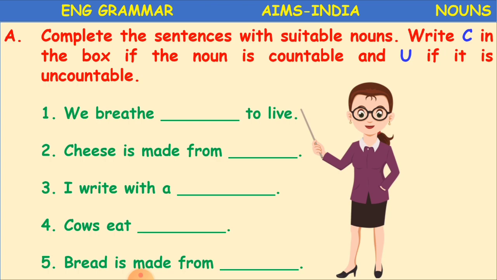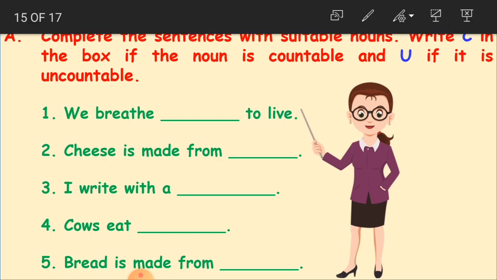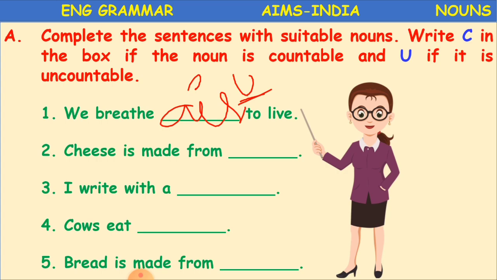Here we have 5 sentences, children. We breathe dash to live. For example, we breathe air, A-I-R, air to live. I am just doing the first one for you. Whether it is countable or uncountable, air is uncountable. So same like this, you do the remaining sentences.